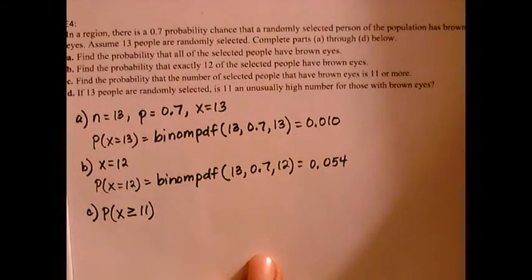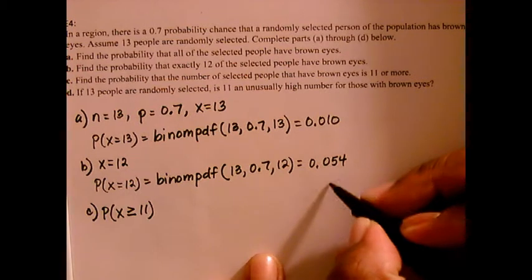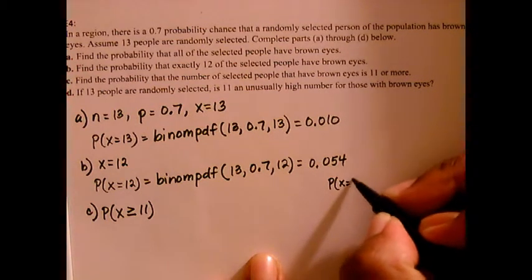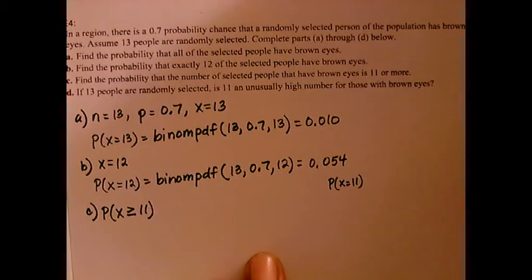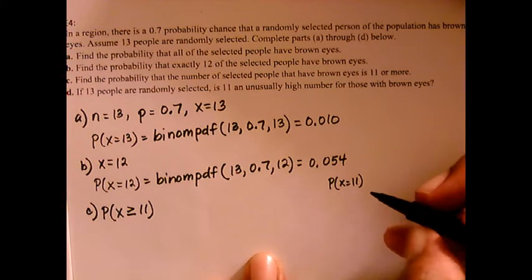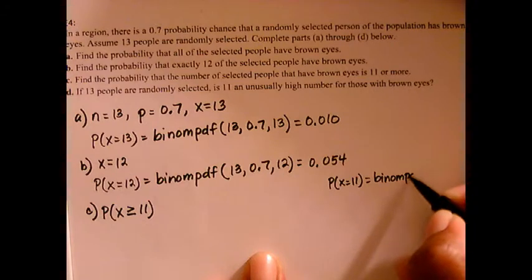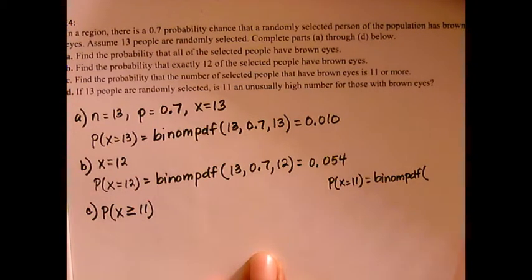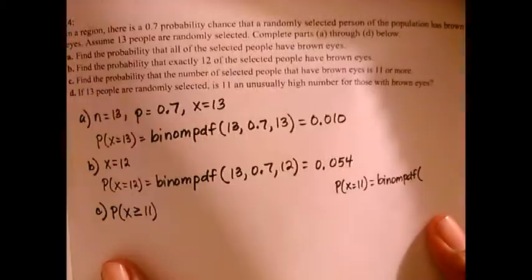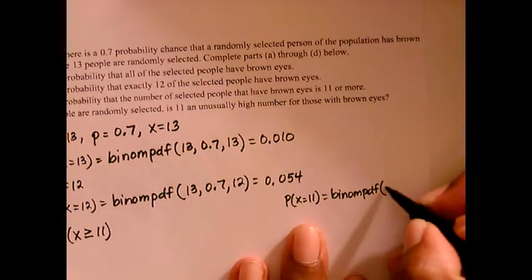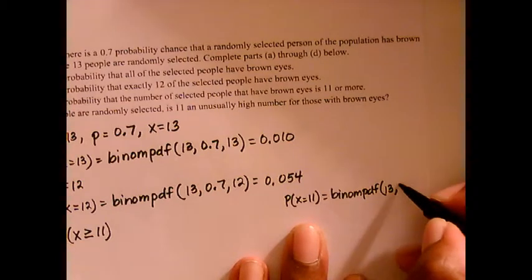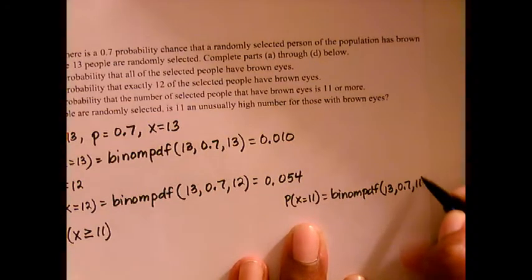Okay, so off to the side, I'm going to do the probability of x equal to 11. And that's where we use the binomial probability distribution command. And in this case, our n, that's your 13. P is 0.7. This time, x is 11.